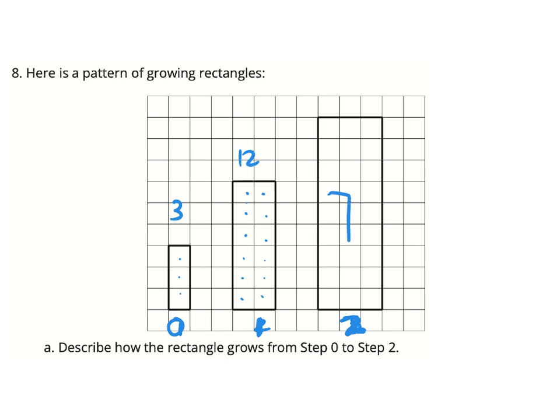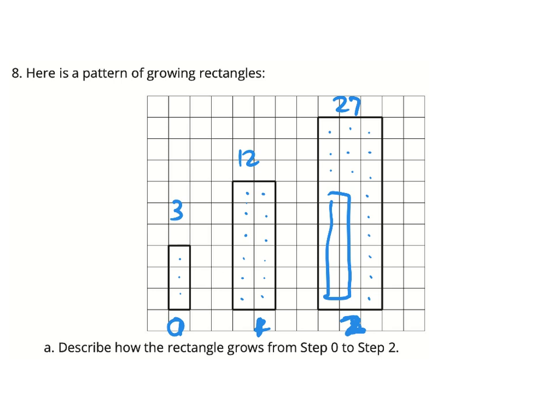You went from 12 dots here to 1, 2, 3, 4, 5, 6, 7, 8, 9, 10, 11, 12, 13, 14, 15. So 12 plus 15 is 27.